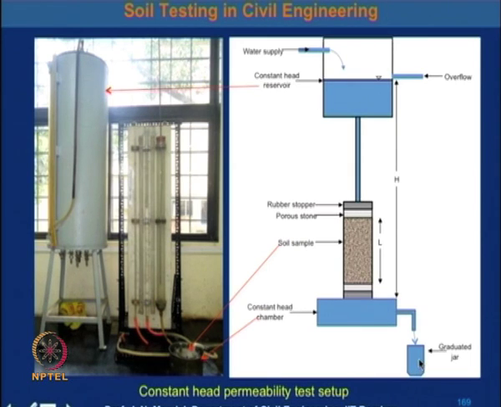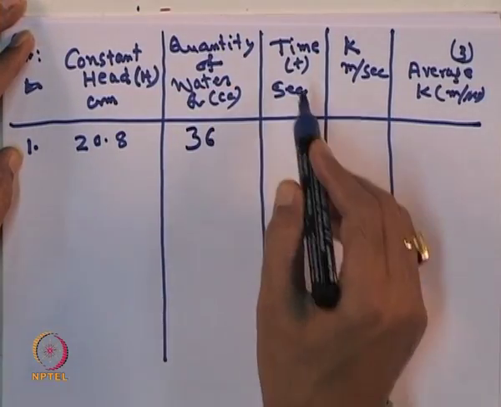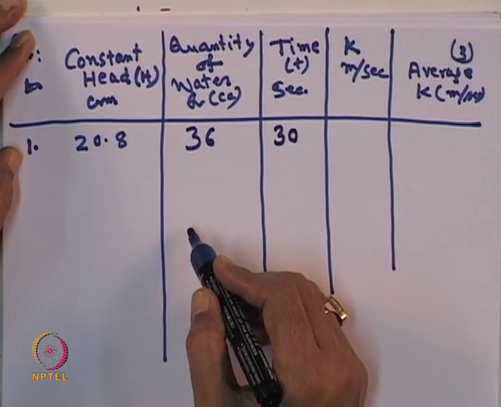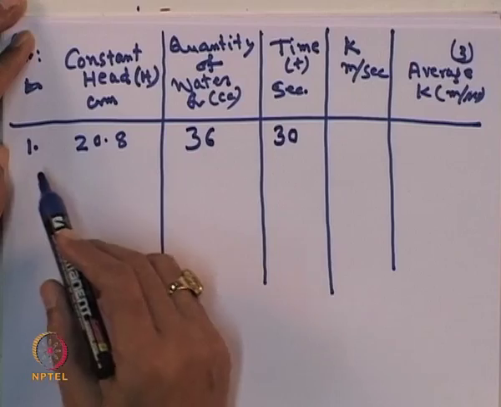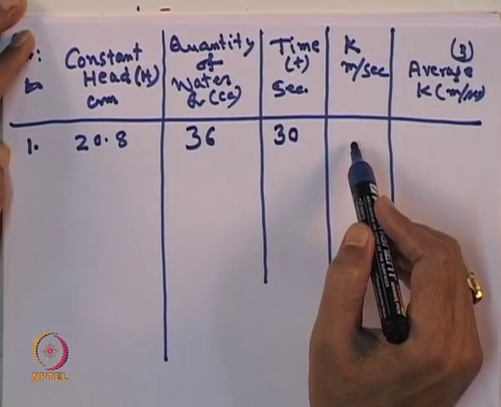So let us say the quantity of water collected in this jar is about 36 cc, in 30 seconds. Then from this you can calculate the coefficient of permeability.